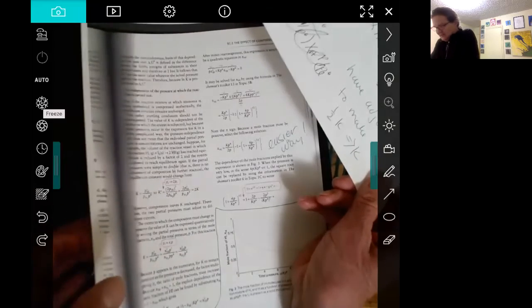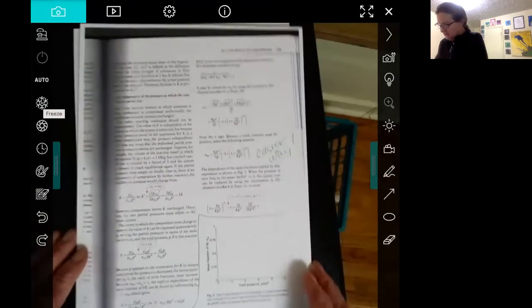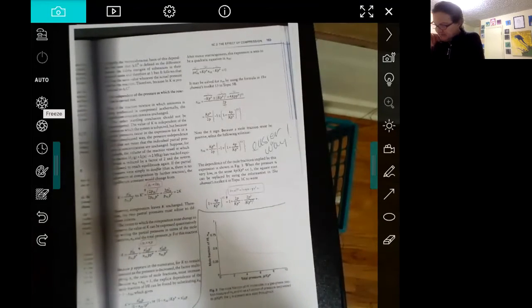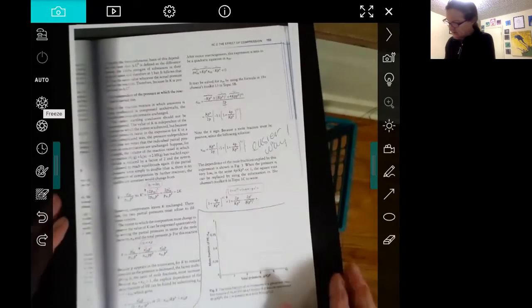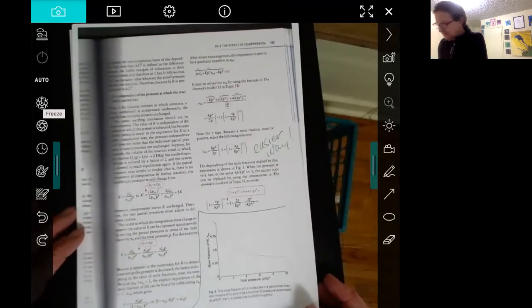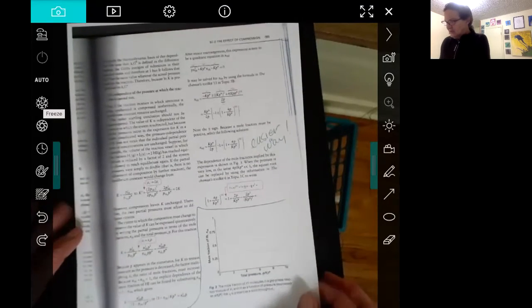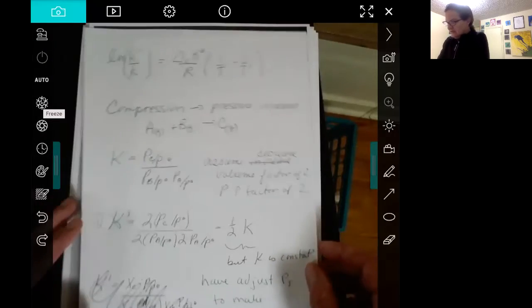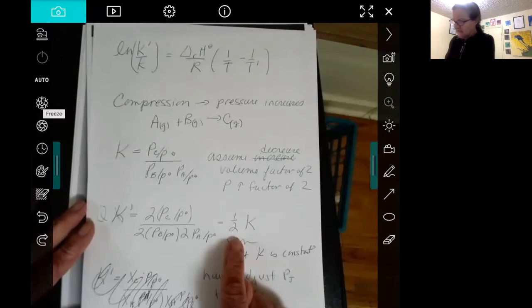This is just a very complex way of looking at that. You don't need to be able to follow this through. Just looking at how total pressure impacts the K, and this is for a specific reaction. So once again, it's not very useful because you really have to think of this, as I did here, as the stoichiometry is really going to tell you what happens.